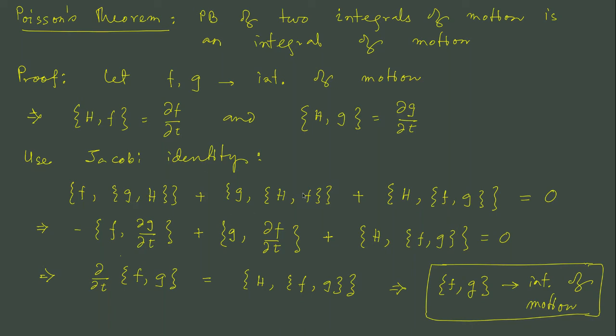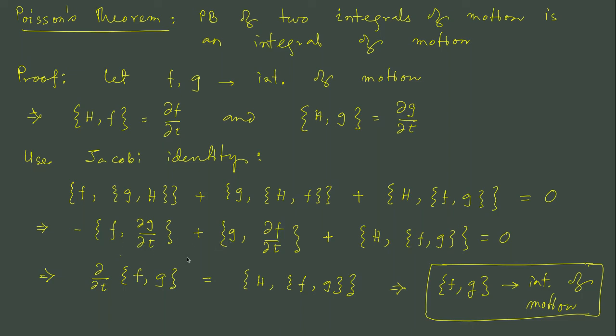So we have {f, {g, H}} and then cyclic permutations {g, {H, f}}, {H, {f, g}}. But then {g, H}, that Poisson bracket is ∂g/∂t, with a negative sign, of course. And similarly, {H, f} is ∂f/∂t.